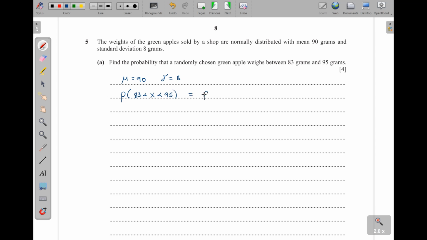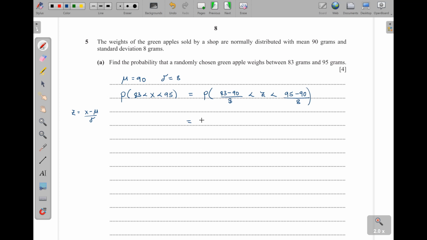Then we standardize. Remember, z is equal to x minus mu out of the standard deviation. So our x here is 83 minus the mean, which is 90, then divide by standard deviation is 8. Then less than, where there is x, I put z. Then it is going to be 95 here minus 90 again out of 8.